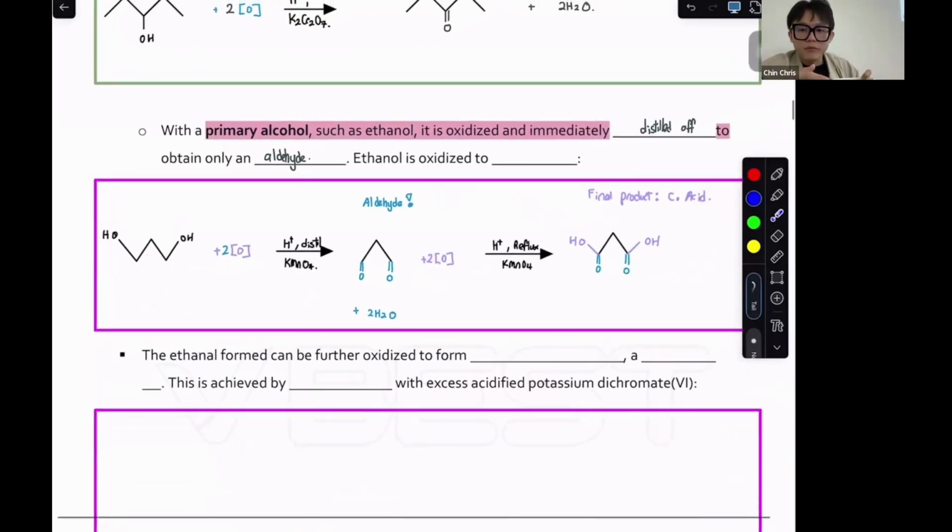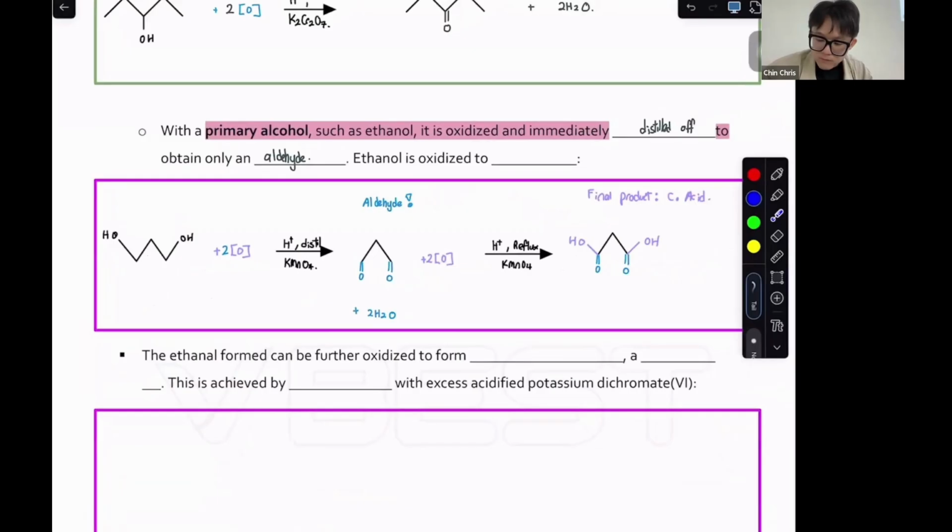Alright guys, draw it out. Ethanol, then carboxylic acid. No, it will not turn into CO2 and H2O.